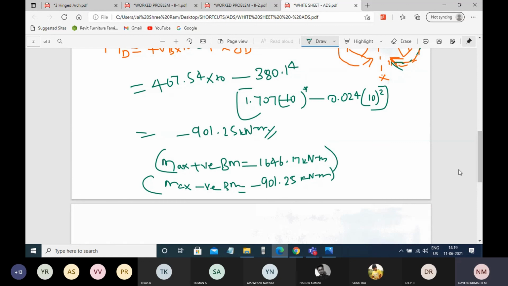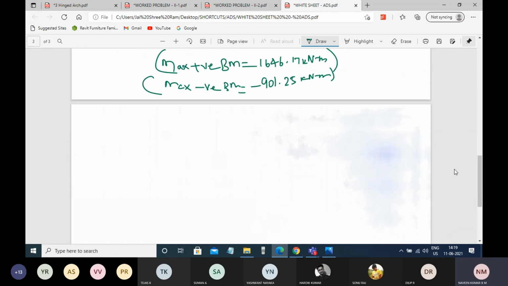Let me draw the bending moment diagram for these values. This is A, this is B. Let me consider the arch a little shorter. Okay, assume that this is point C. Understood. So this is 0 over here, 0 over here, 0 over here.